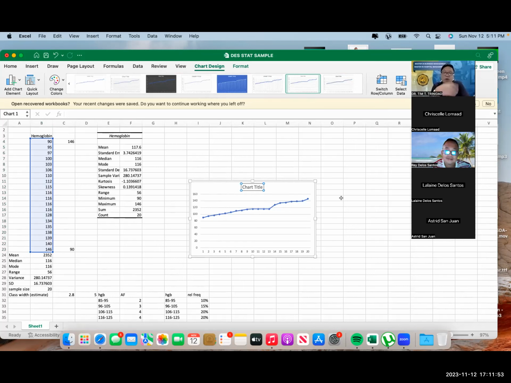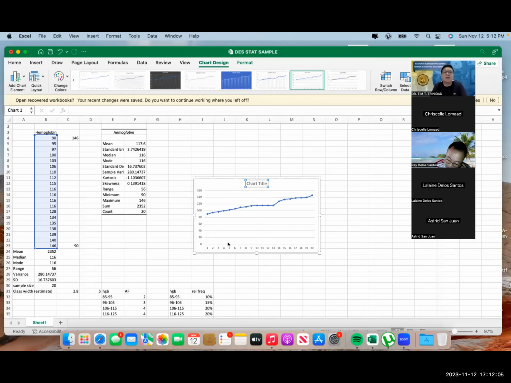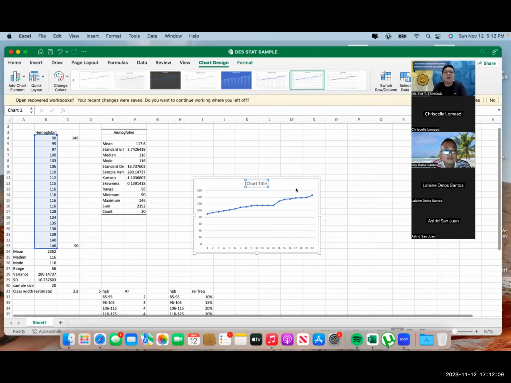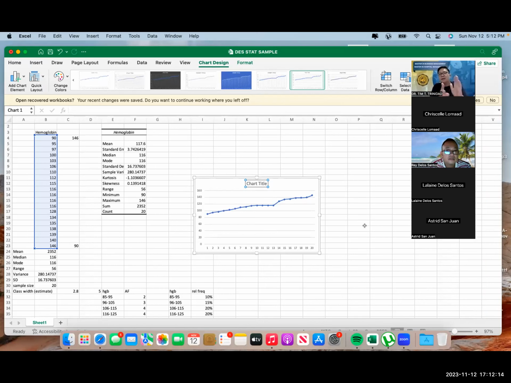Kung ayaw nyo maglong method, you can always use the long method and then i-double check nyo with the use of your Excel. Okay? I think you are adept with the use of Excel naman na. So this is how you do it. Okay? And this will be the content of your descriptive statistic or summary. Okay?